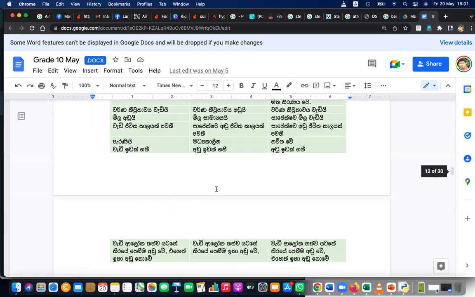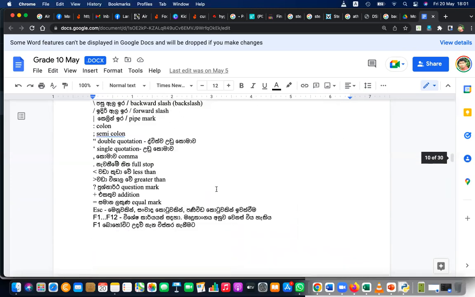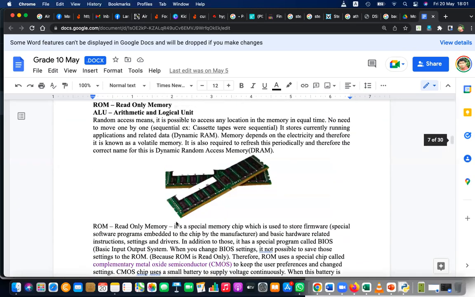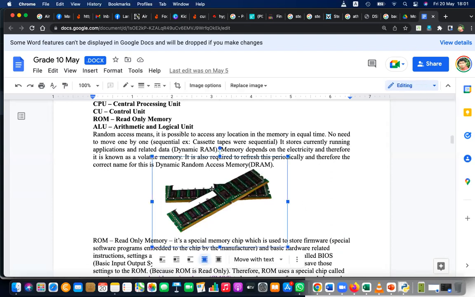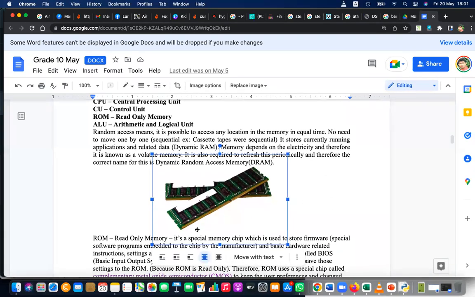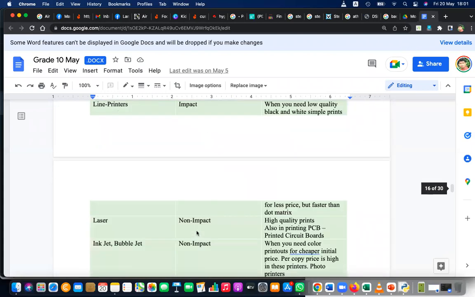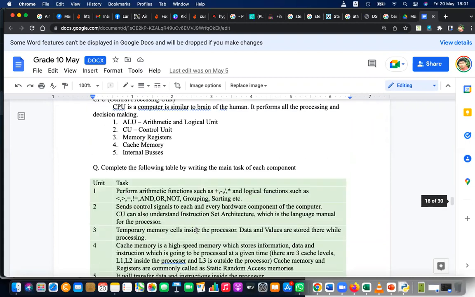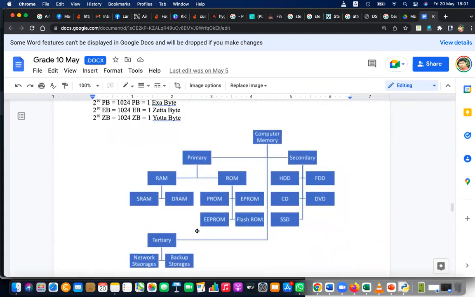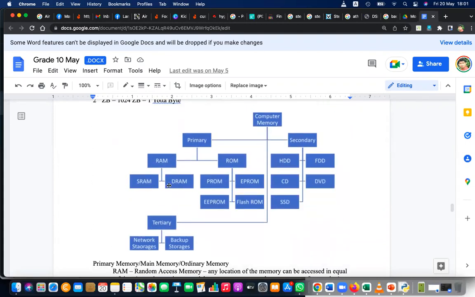This is called dynamic RAM, DRAM, dynamic random access memory. That is the normal RAM. And SRAM is the RAM inside the processor. Processor එක ඇතුලේ තියෙන RAM එක තමයි SRAM කියලා කියන්නේ. Static RAM. Dynamic RAM is the RAM that we install separately.